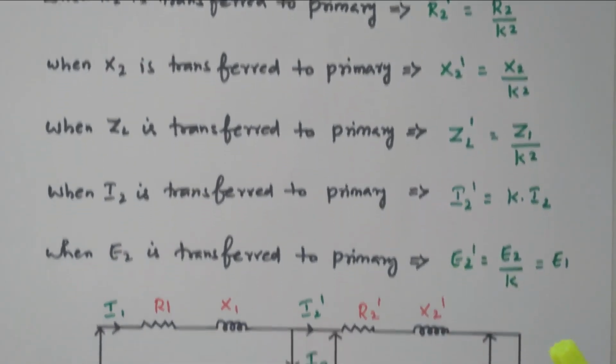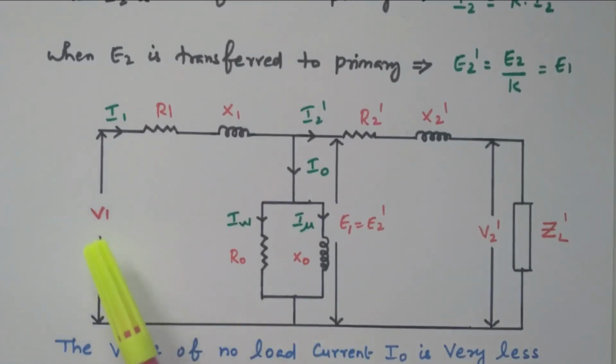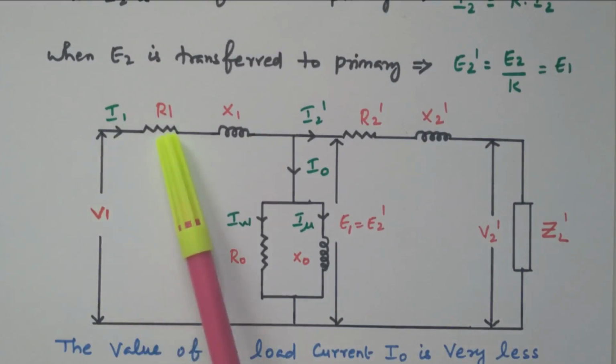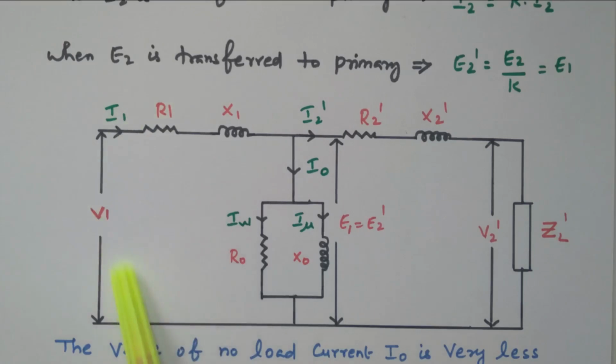So based on that, we can redraw the equivalent circuit. This is the applied voltage, this is the current I1, R1, X1, and I naught, all available on the primary side. Now the secondary parameters are also transferred to the primary, so automatically they become R2 dash, X2 dash, E2 dash, V2 dash, ZL dash.